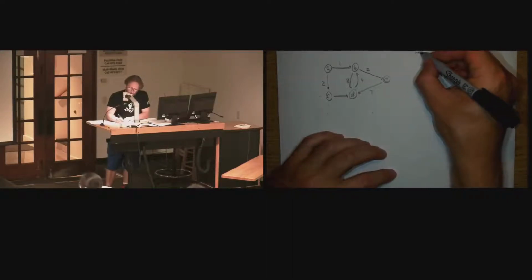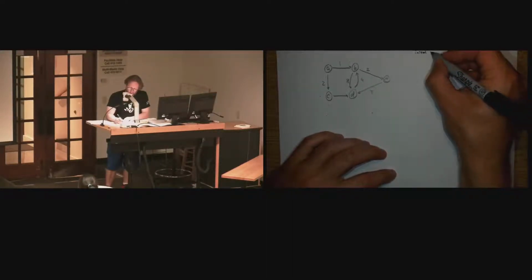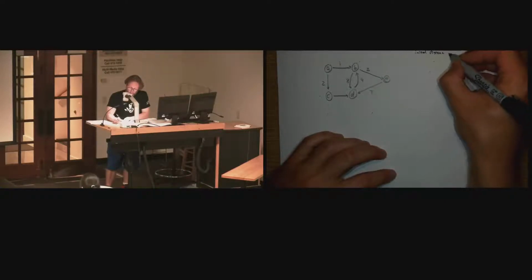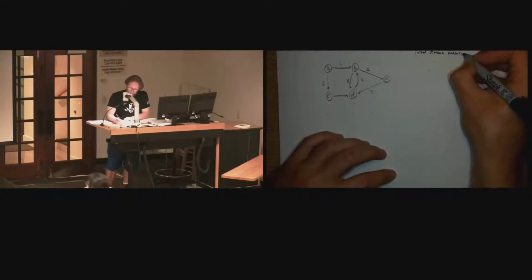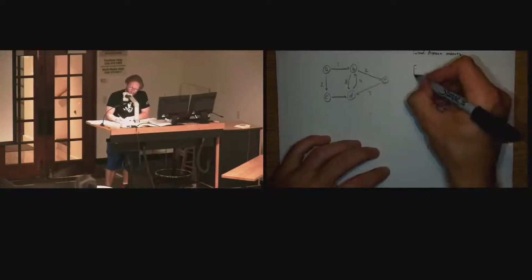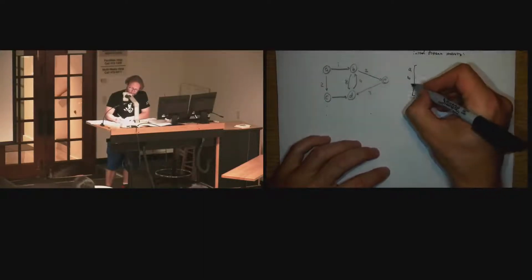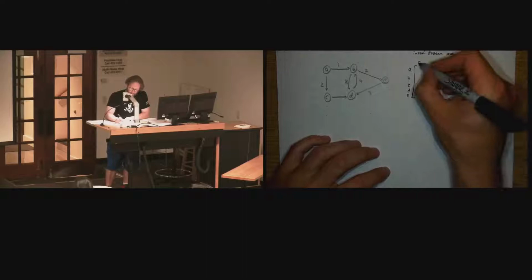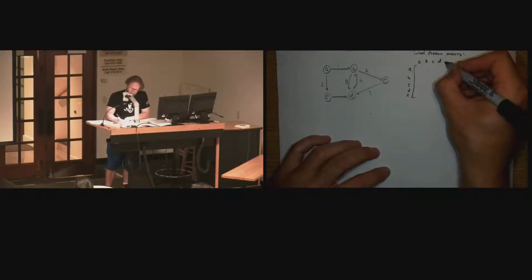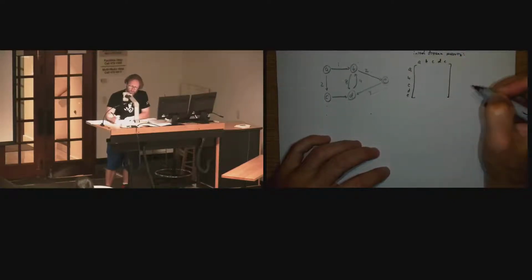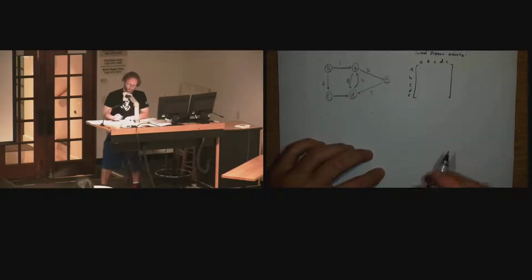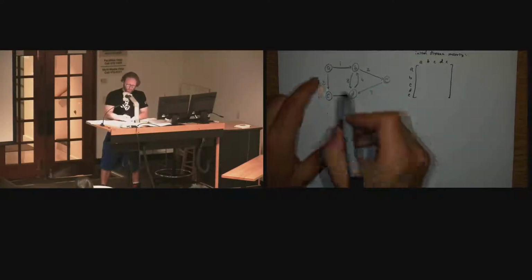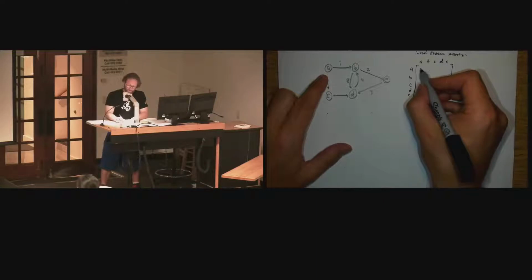So what is our initial distance matrix? I'm going to go ahead and go with A, B, C, D, and E in that order. Again, ordering doesn't really matter as long as you're consistent about it. So going from A to A, that's a distance of 0.